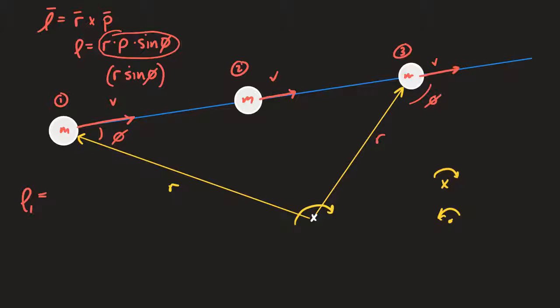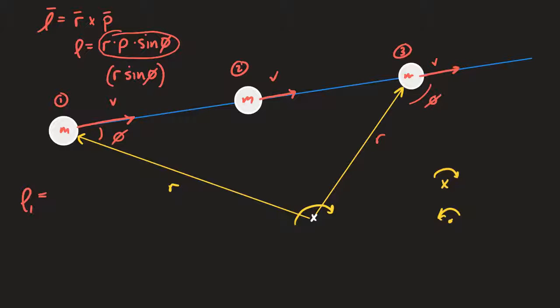You guys see that okay? So what we've done in making that calculation is R sine phi actually represents that distance, the perpendicular distance, or the point of closest approach.